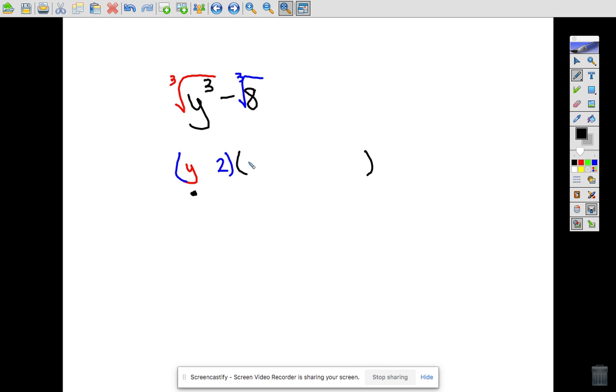I'm going to square y, y squared, smile, multiply them together, 2y, square, 4. Signs, bring this down. The sign is the same. Then I flip to the opposite. And then I end with a positive.